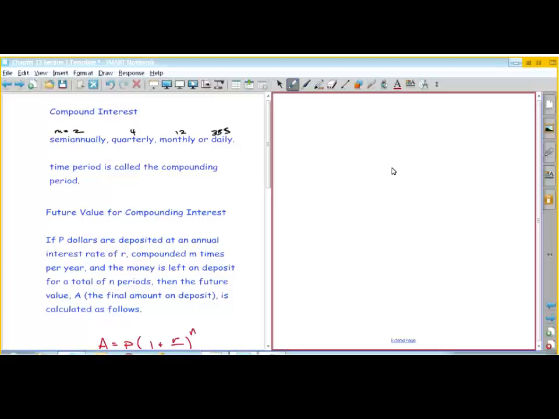And nowadays, pretty much everybody does continuous compounding, but back when I was a kid, I had a savings account, and it would compound quarterly. So if you went to the bank every 3 months, they would write in the numbers, and they would say, okay, you got this much interest, and your new balance is this.